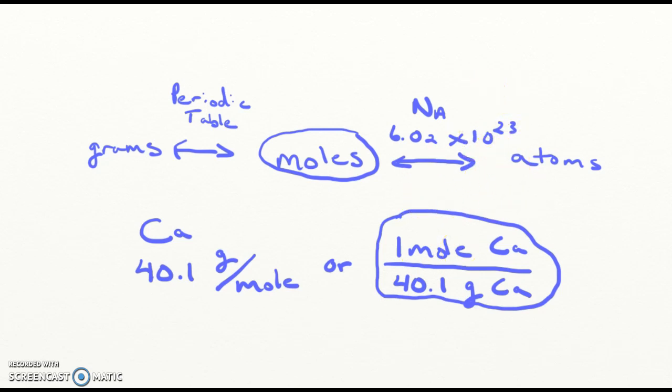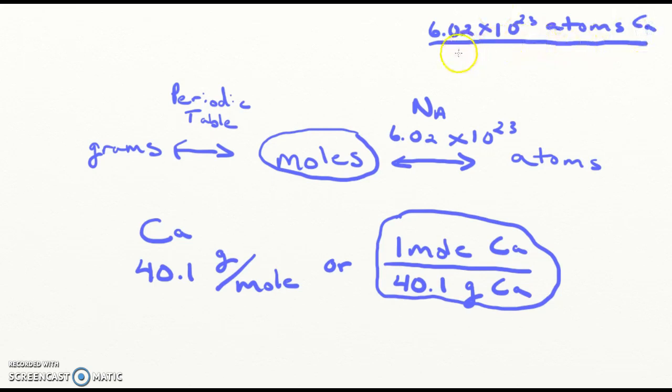Here's the conversion that I'm going to use: 6.02 times 10 to the 23rd atoms, because my units need to be atoms, and this would be atoms of calcium.